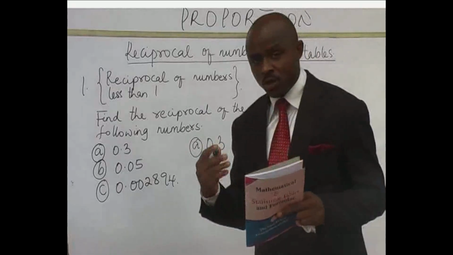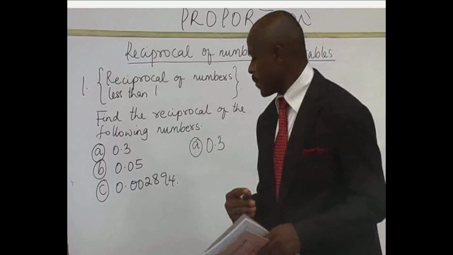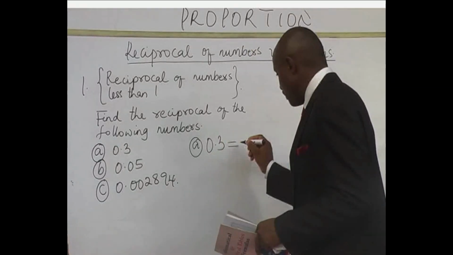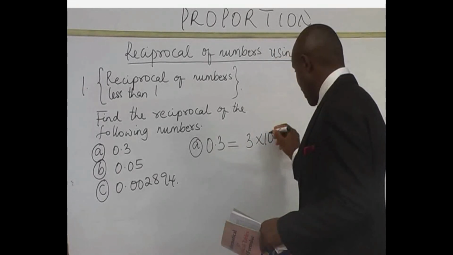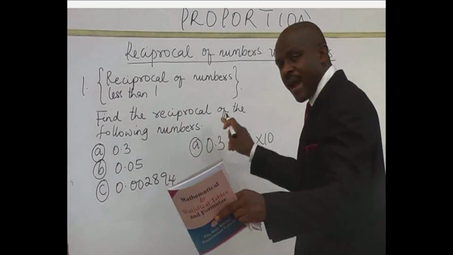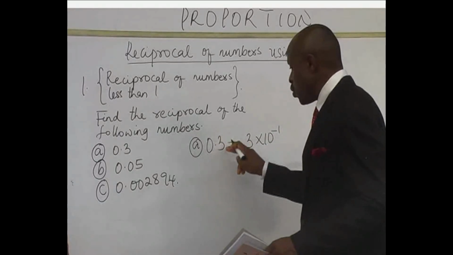I believe you now know how to write numbers in standard form. So if this number should be written in standard form, it will become 3 times 10 raised to power. You are moving the decimal from the left hand side to the right, so it's going to be minus 1. And you are moving it only once.